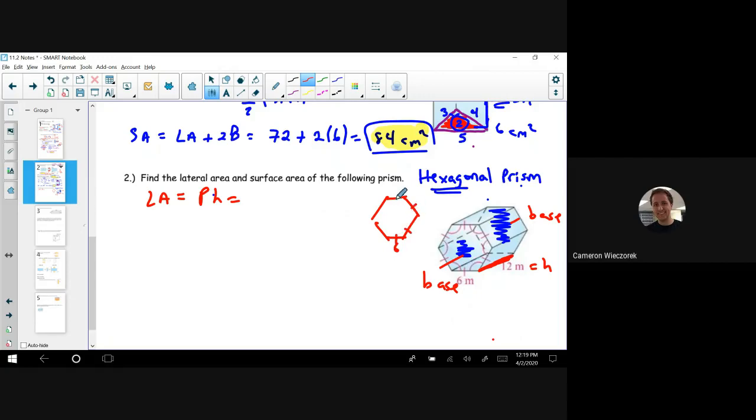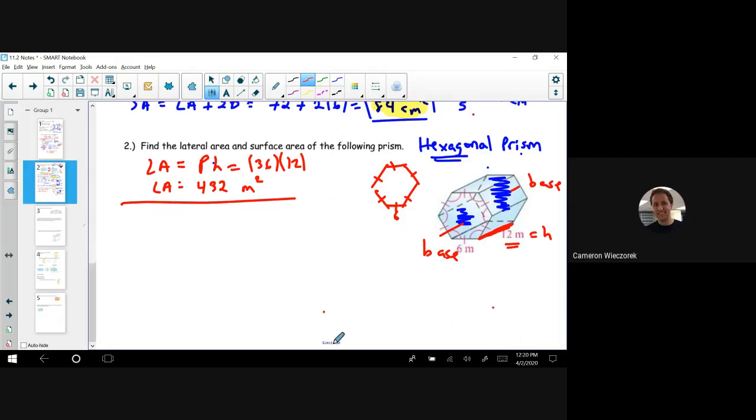And these are all congruent. 6 times 6 would be 36. The height is not the height of the hexagon, it's the height of the prism. That's 12. 36 times 12 would be 432 square meters.